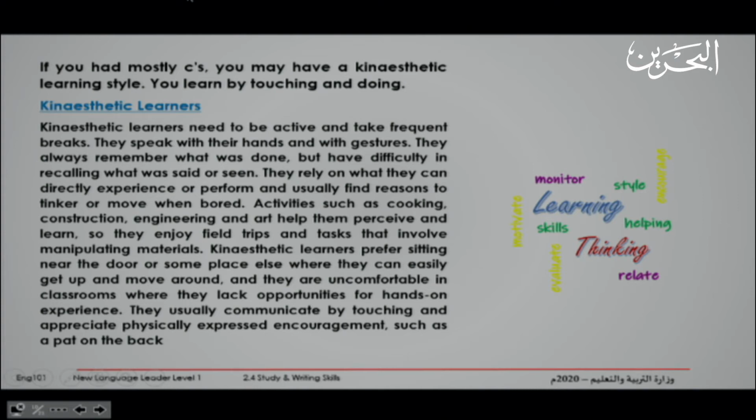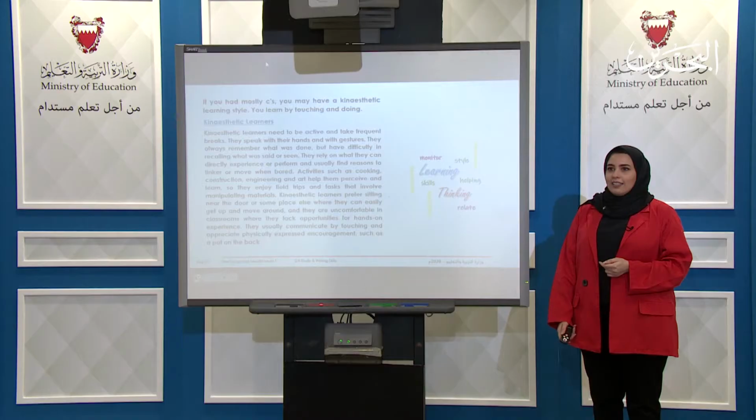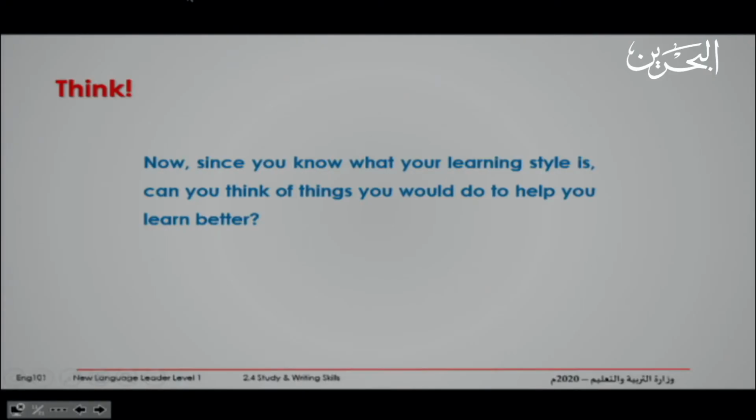And they are uncomfortable in classrooms where they lack opportunities for hands-on experience. They usually communicate by touching and appreciate physically expressed encouragement, such as a pat on the back. Now you know which learning style suits you the most.